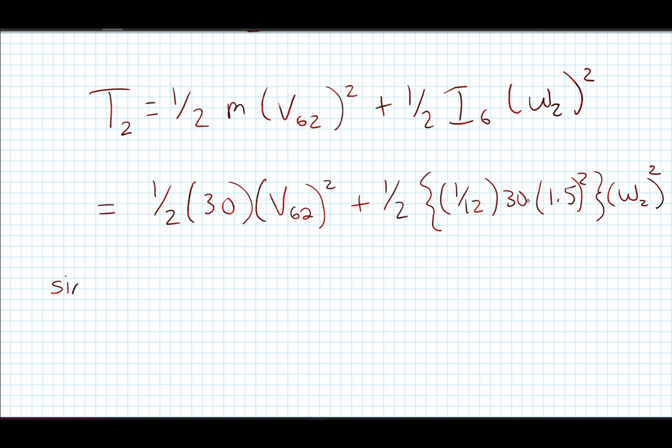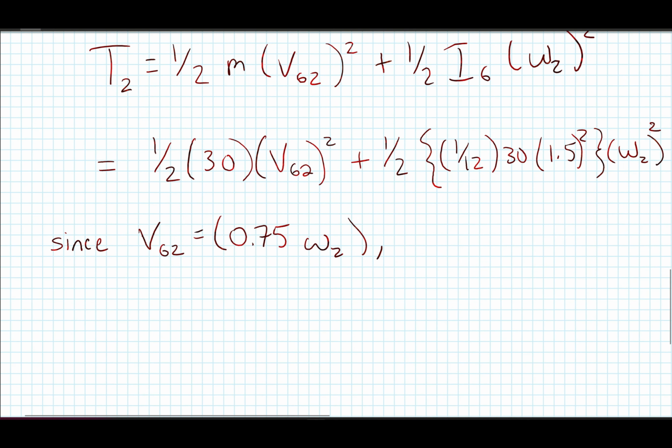Next, we can say that v sub g2 is equal to 0.75 omega sub 2.